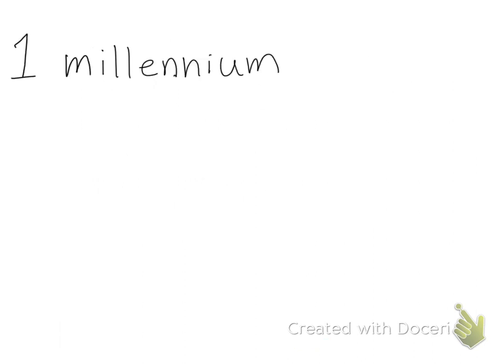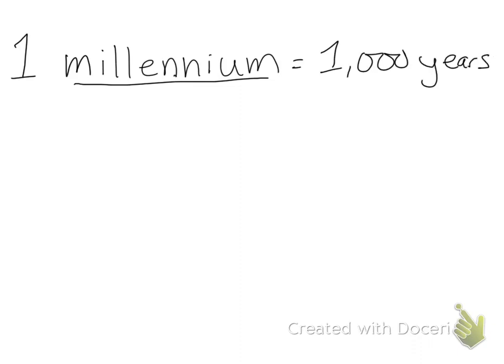Now, a group of 1,000 years is called a millennium. 1 millennium equals 1,000 years. Okay, if there are 2 millenniums, then that would be 2,000 years. We also have millennia as another way to say multiples, but millenniums is fine.